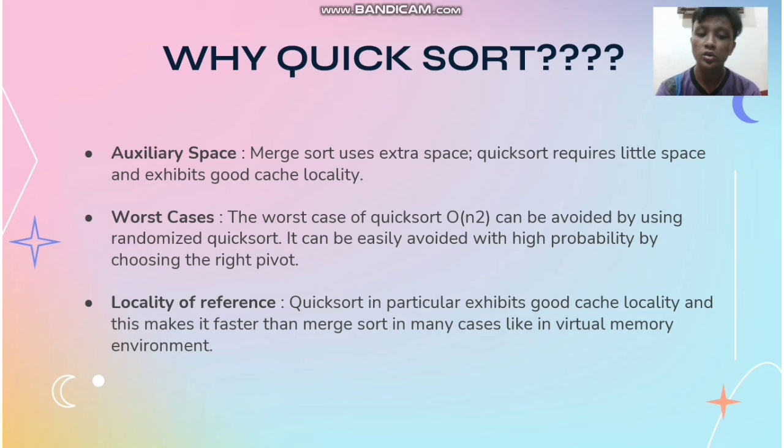And lastly is locality of reference. Quicksort in particular exhibits good cache locality, and this makes it faster than merge sort in many cases, like in a virtual memory environment. A virtual memory environment is like RAM and so on.